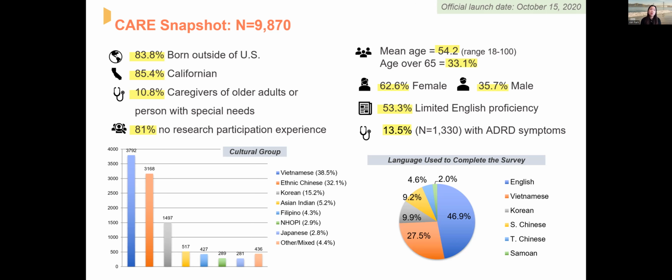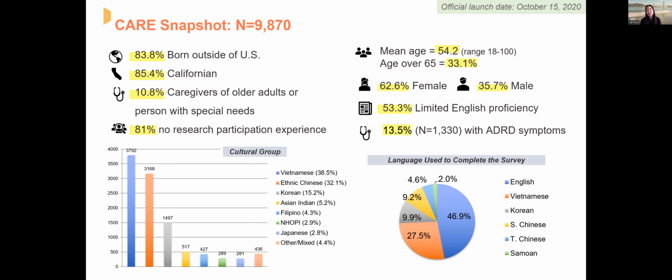So we weren't just recruiting people who already knew what research was, who've done research before, but really doing the hard work, mainly through our community partners, to provide the educational outreach about why it's important to participate in research. And so we're very, very proud and happy to share that the majority of our CARE registry participants have reported no prior research participation.